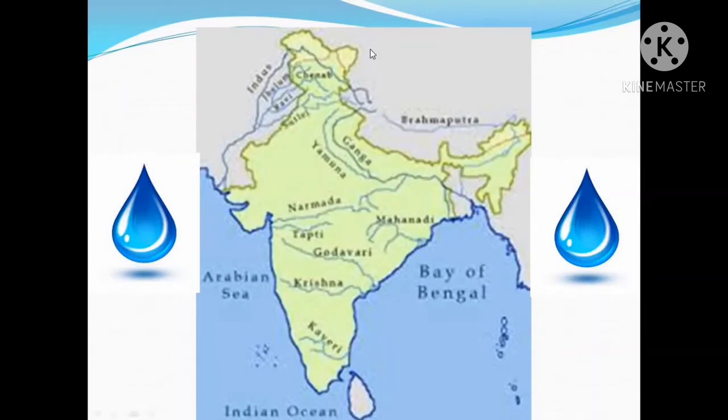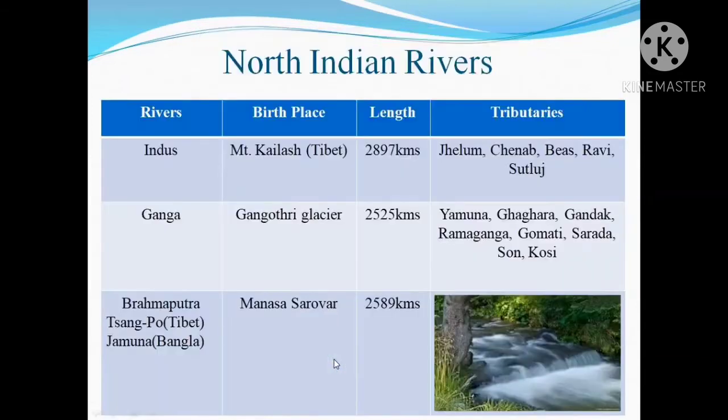So here many rivers you can see: Indus, Ganga, Brahmaputra, Mahanadi, Narmada, Tapati, Godavari, Krishna, Kaveri. See, these are the rivers. Now, North Indian rivers. In that, Indus or Sindhu, Ganga, Brahmaputra.